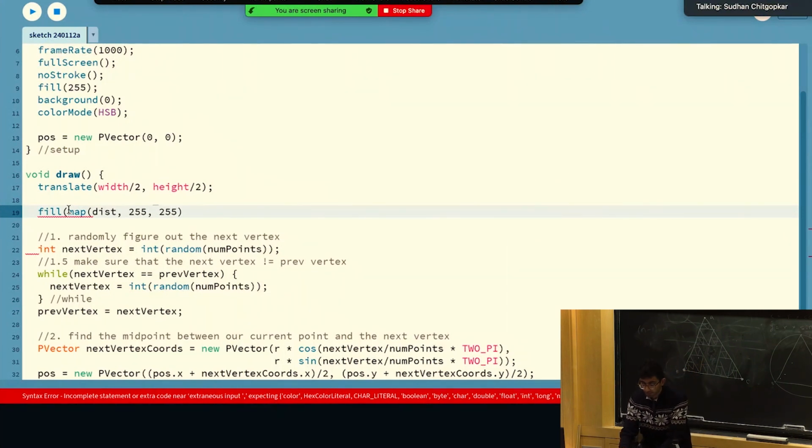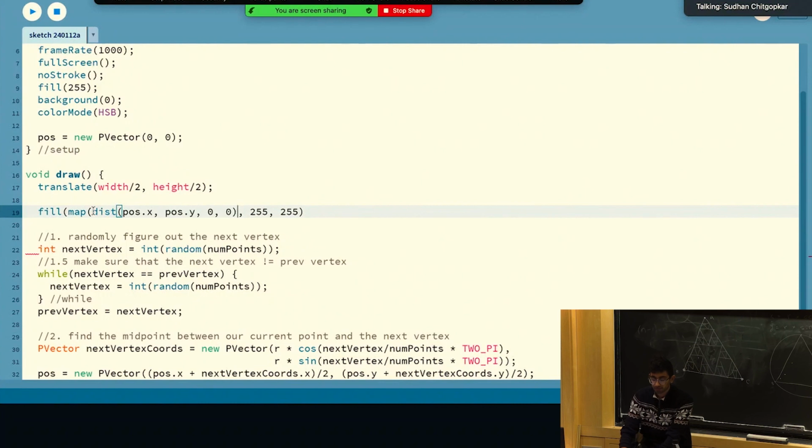So we can map the distance, and remember this distance function takes in x1, y1, and then x2, y2. We want to find the distance of our current position to our center, which is going to be 0, 0.